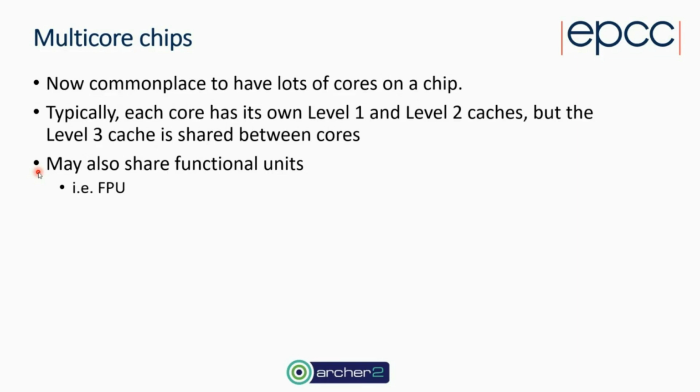We've had the fine-grained parallelism approach of superscalar processors and vector units. But with more coarse-grained parallelism, where we have multi-core chips, like we have on ARCHER2, we generally have completely separate cores, where they have their own functional units, and they have their own caches as well.